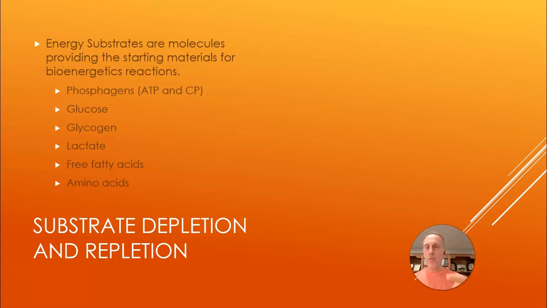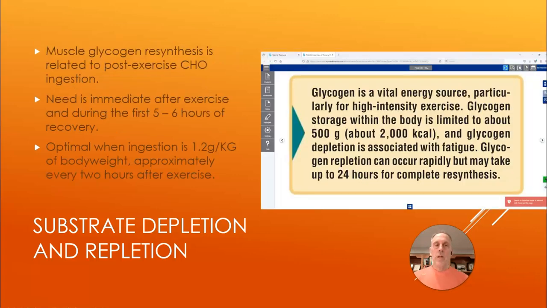If pyruvate could not go into the Krebs cycle, it was converted and sent as lactate to the liver and processed through the Cori cycle. And then free fatty acids and amino acids were broken up through oxidative processes. So you can see the three energy systems represented here with these different energy substrates.